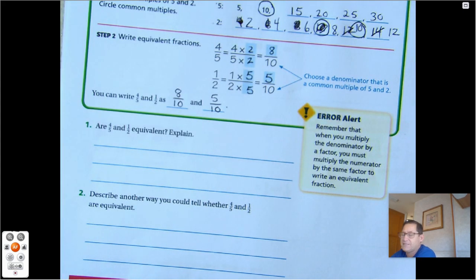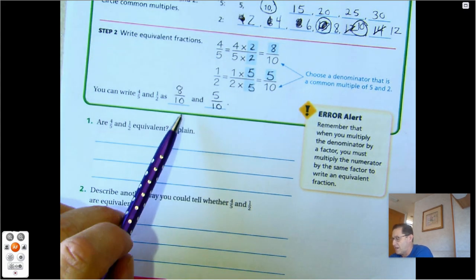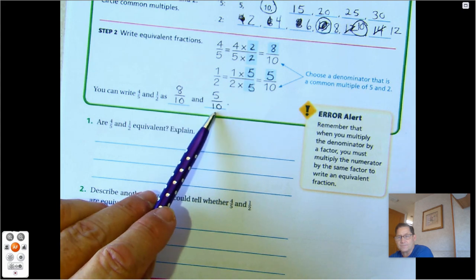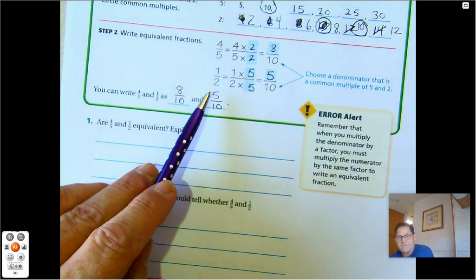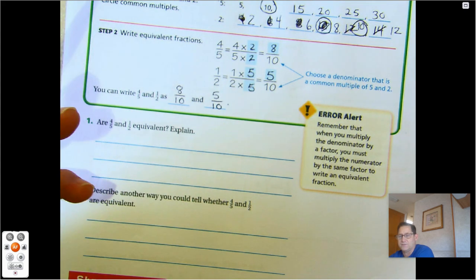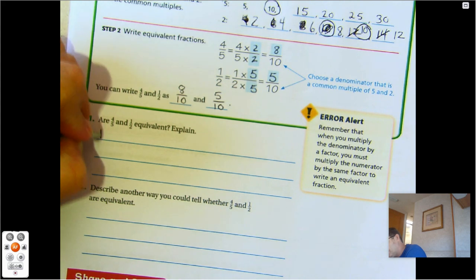Are those two fractions equivalent? Well, the denominators are the same, right? If you get 8 pieces out of 10 versus 5 pieces out of 10, are they the same? No. So they're not equivalent.